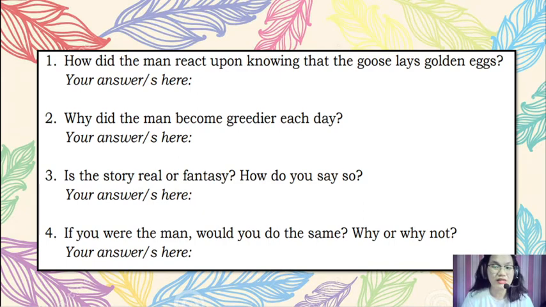Or what is the reason why the man became greedier day by day as the goose lays eggs every day? That is because he is being impatient of the goose not laying more eggs, and the goose lays almost one egg per day as time goes by.